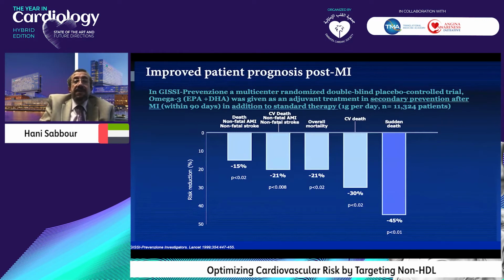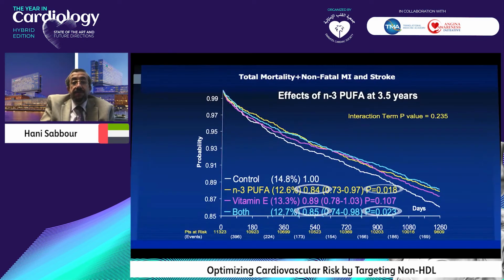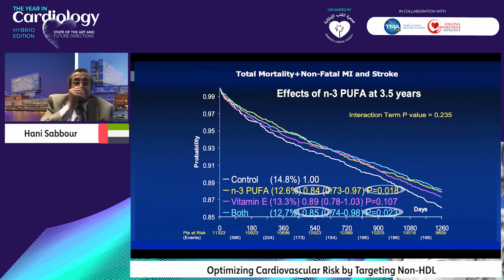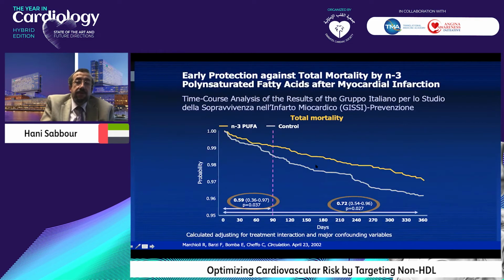So in 11,000 patients, the patients who received the omega-3 in secondary prevention post-MI had a significant improvement in sudden death. And if you looked at the 3.5-year data, the main driver is the omega-3 itself, not the vitamin E. And of course, the control arm had the highest event rate of all of them.